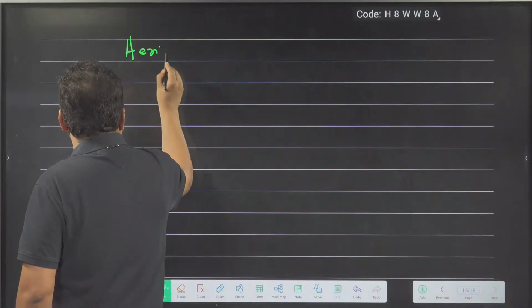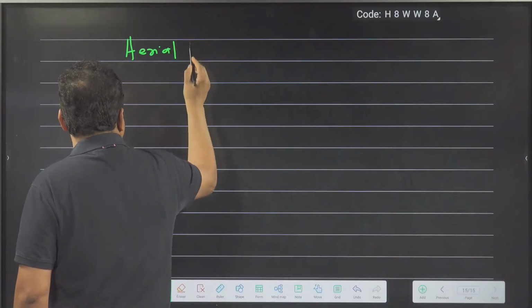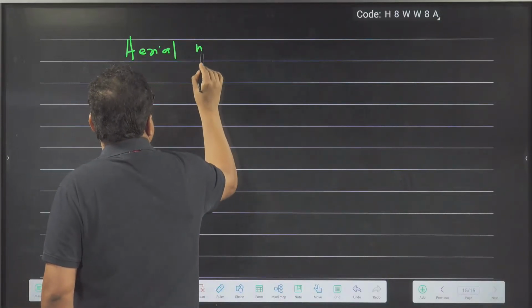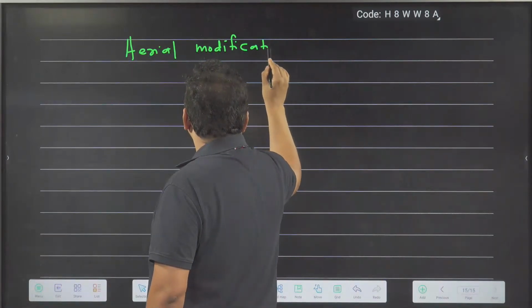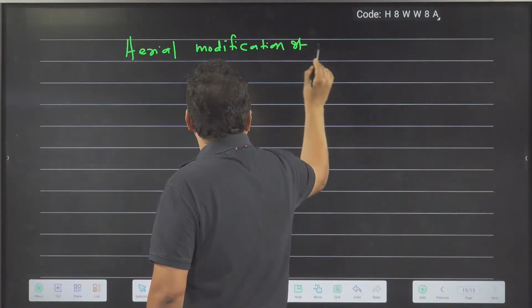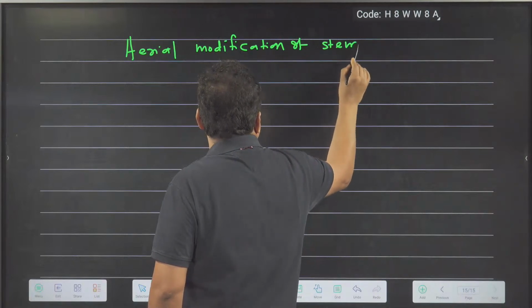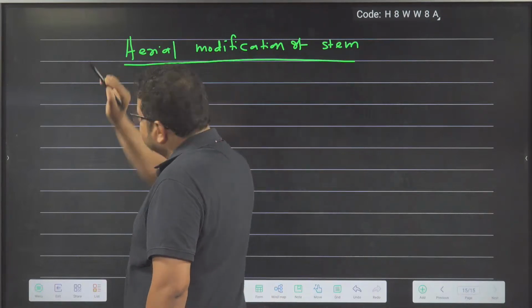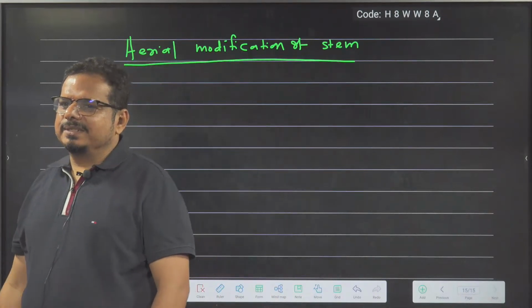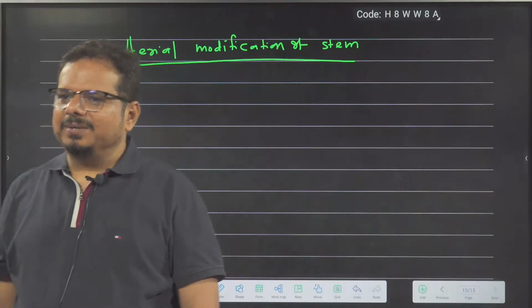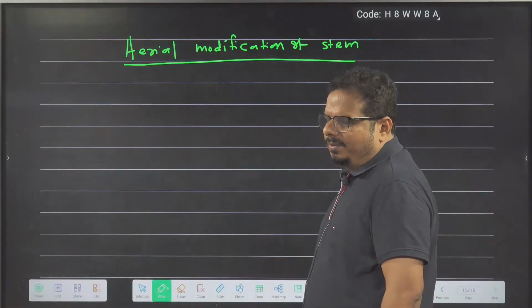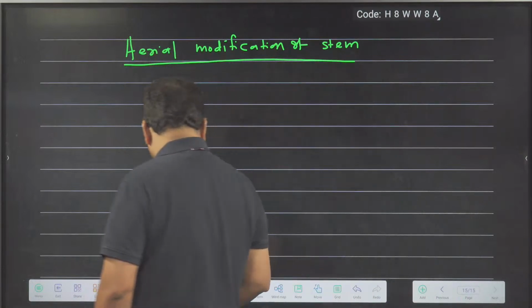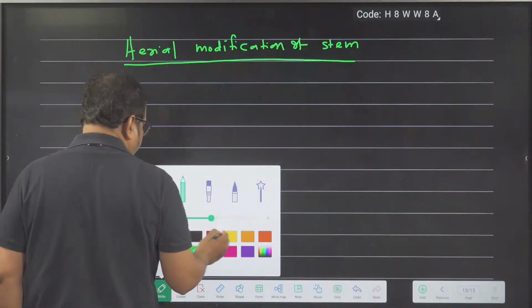I wrote aerial modification and started explaining leaf; that is the blunder that occurred. These are the things remaining to be dealt with. After that, the syllabus of this week will be over. So aerial modification of a stem we are going to discuss.